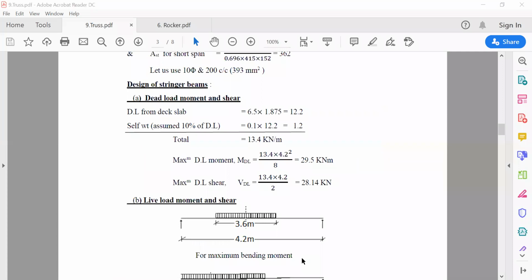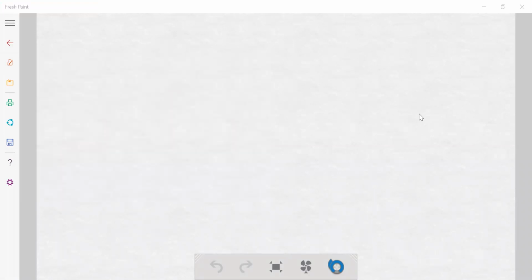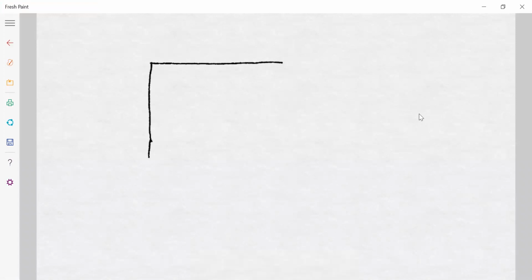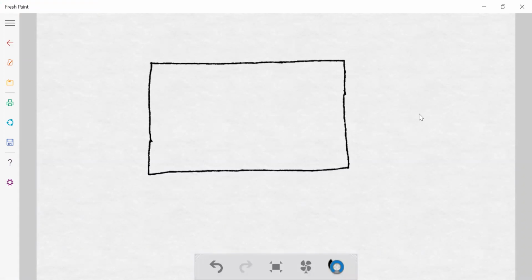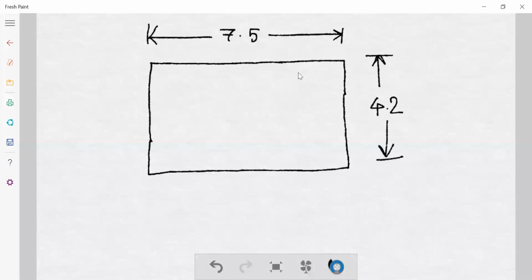If you look into the top view, this is the width of the deck slab, and this is the length, 4.2 for one panel, and the stringer beams are placed in this manner, like this.